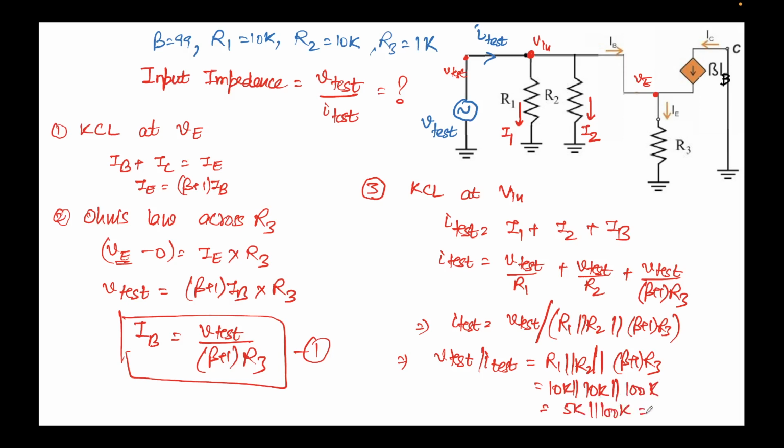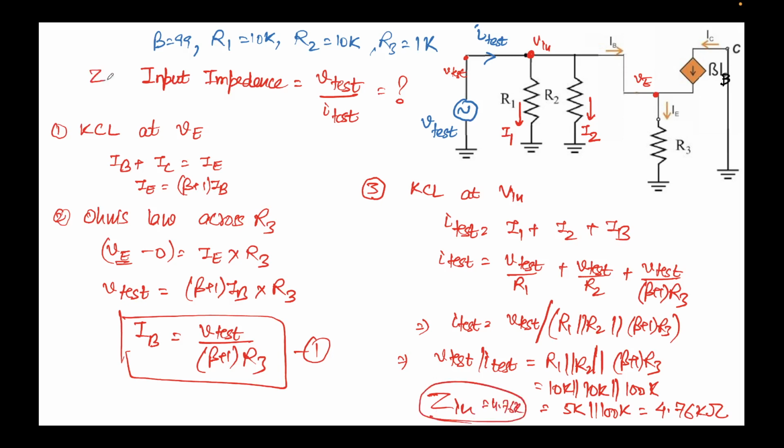Let me look into my calculator, and yes, this value is coming out to be 4.76 kilo ohms. So this is nothing but V test over I test, the input impedance Zin. So we find Zin equal to 4.76k.